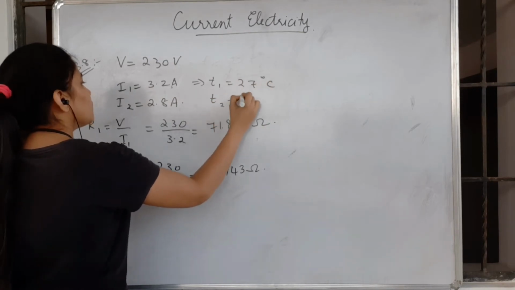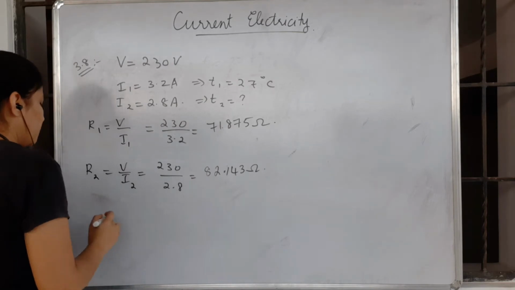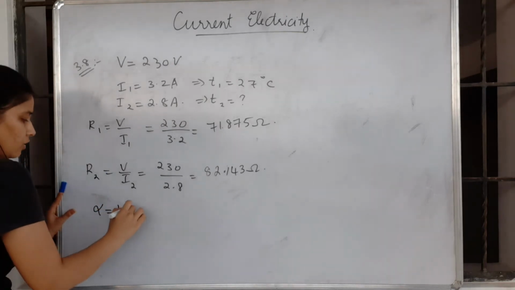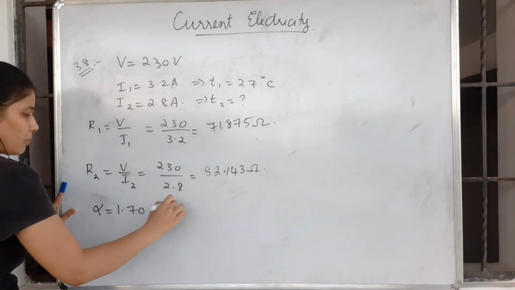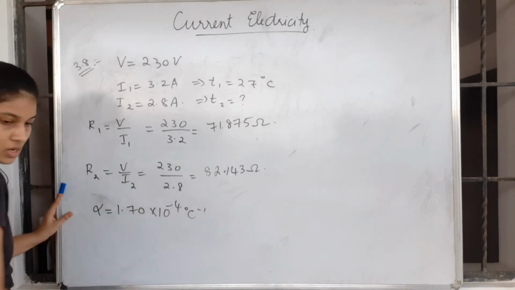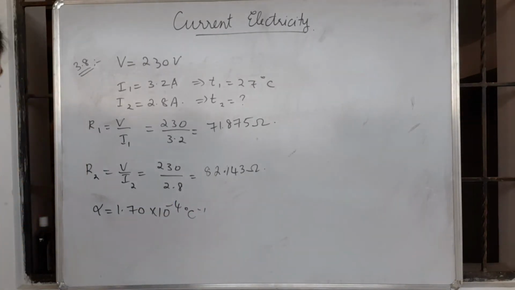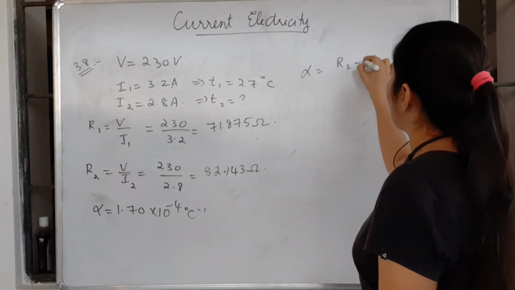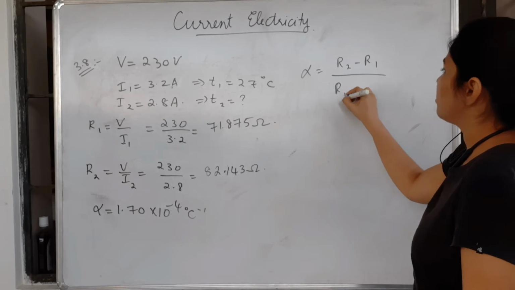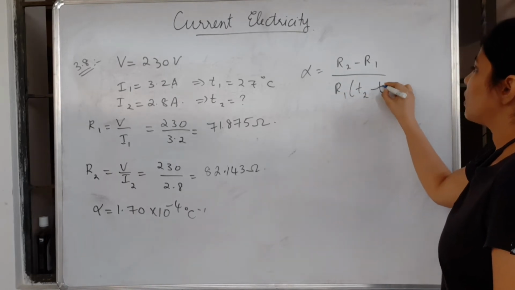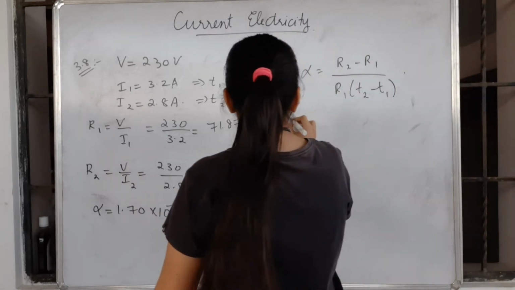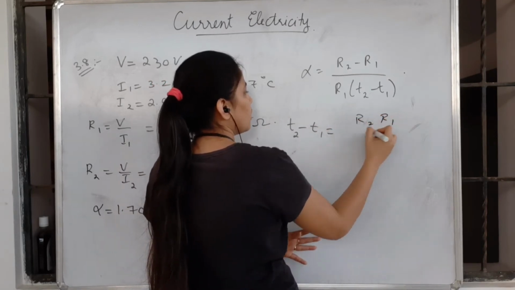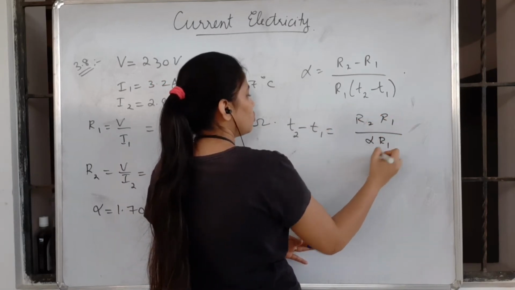They are asking us for T2. The temperature coefficient is given as 1.70 into 10 power minus 4 degrees Celsius inverse. The basic equation is alpha is equal to R2 minus R1 divided by R1 into T2 minus T1. So T2 minus T1 is equal to R2 minus R1 divided by alpha into R1.